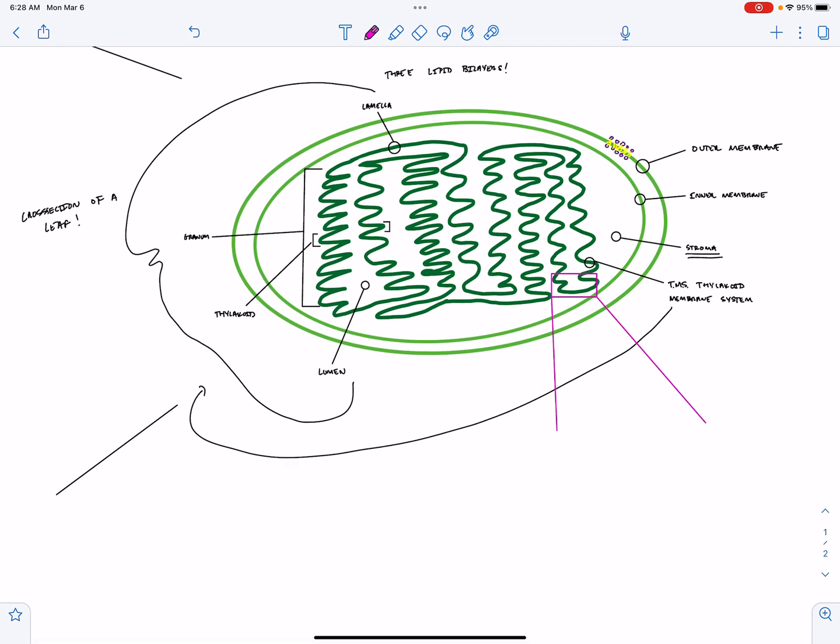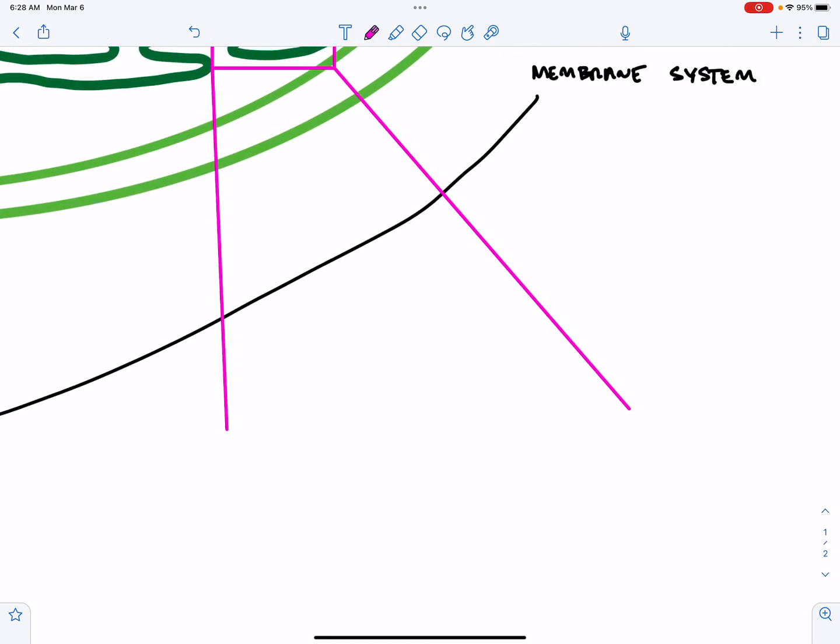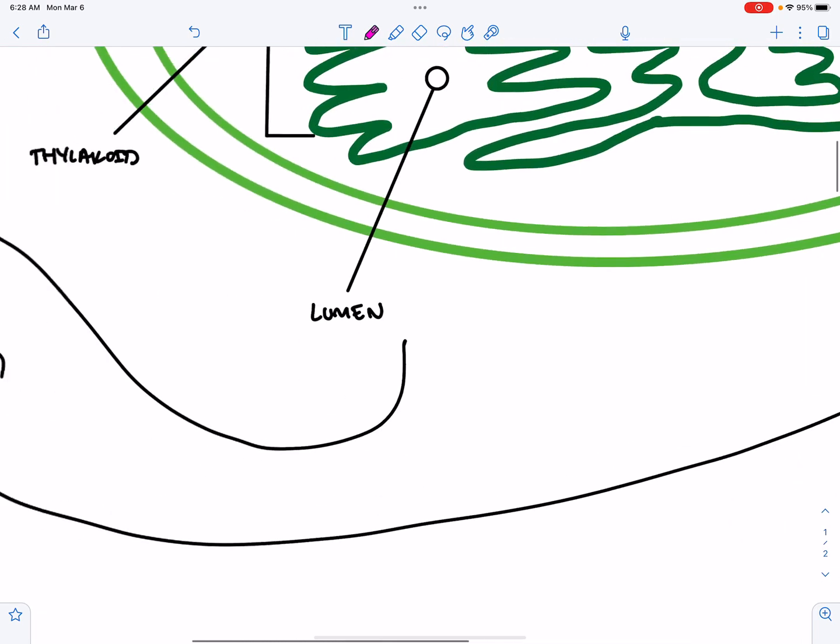Cross-section of the leaf, zoom out, and structure of TMS. Zoom in. And this is a zoom out.